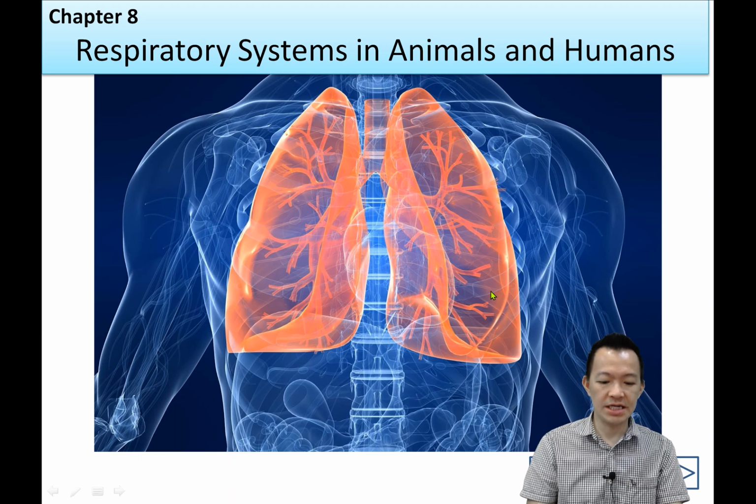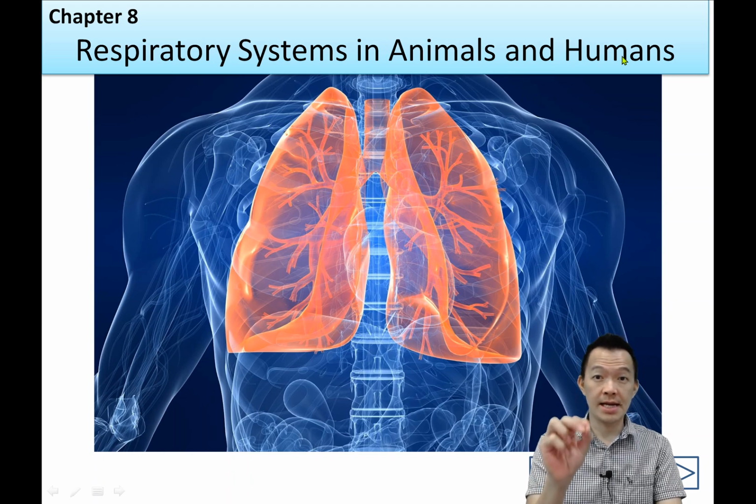Okay, so Chapter 8, our title is here, Respiratory System in Animal and Human. It looks like Chapter 7, 看起来一样. Is it? For Chapter 7, our title will be Cellular Respiration, 细胞的 respiration. Or last time we called internal respiration, 身体里面的 respiration.